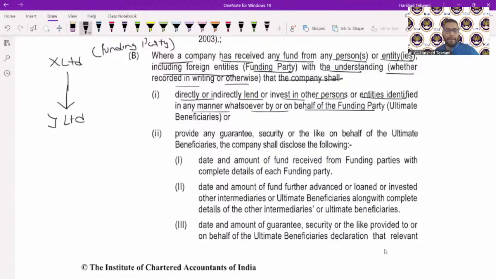Now we are Y Limited, the company. We are the beneficiary, oh sorry, the intermediary.